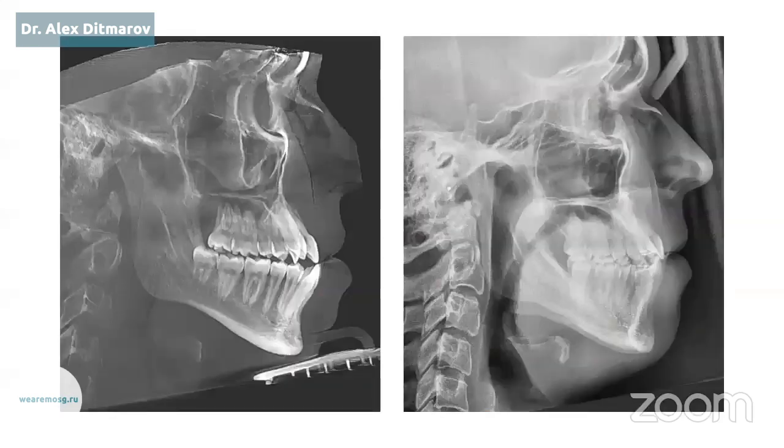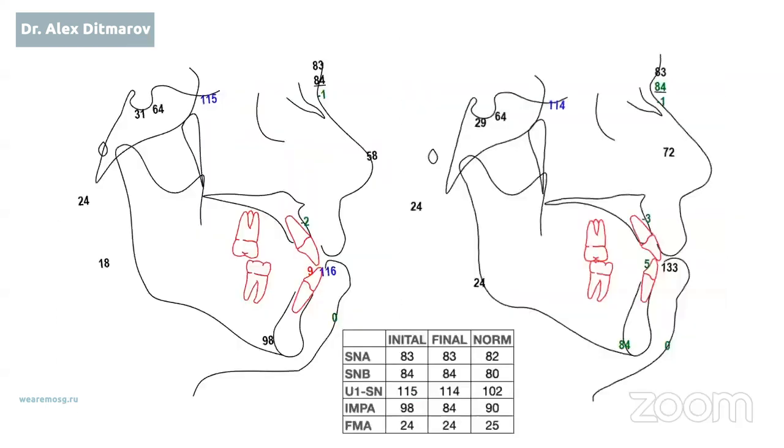From the cephalometric records, you can tell that his lower incisors became very much uprighted. And these are the numbers. You can see that the main change was in IMPA, the angle of the lower incisors. We uprighted the lower incisors about 14 degrees.